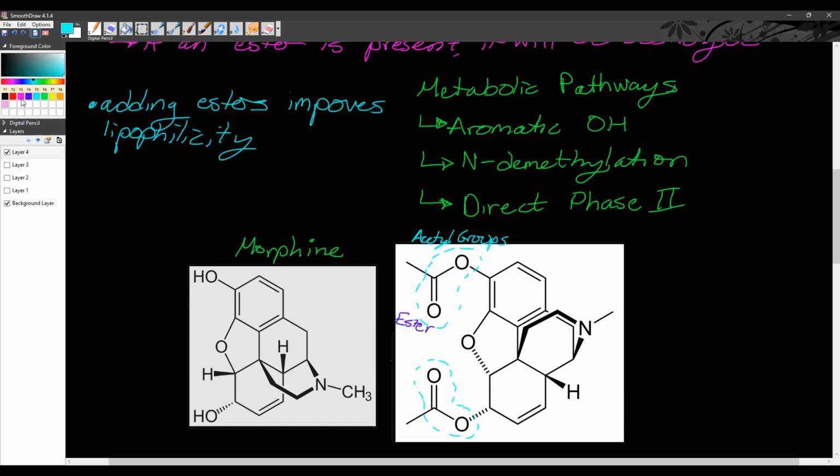We take this very polar group and we turn it into a non-polar group, or less polar. So instead of this highly polar OH bond, we now turn it into an ester. So we have our ester prodrug.